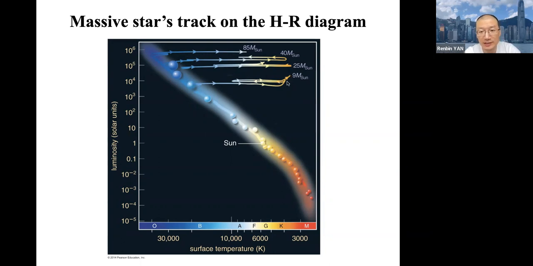And then when the core gets hot enough to start the next fusion, it comes back to this stage. So this is the helium fusing star with a hydrogen shell. And then when the helium is exhausted in the core, it goes to the right again to become a red supergiant, which has gravitational contraction and two shell fusions.